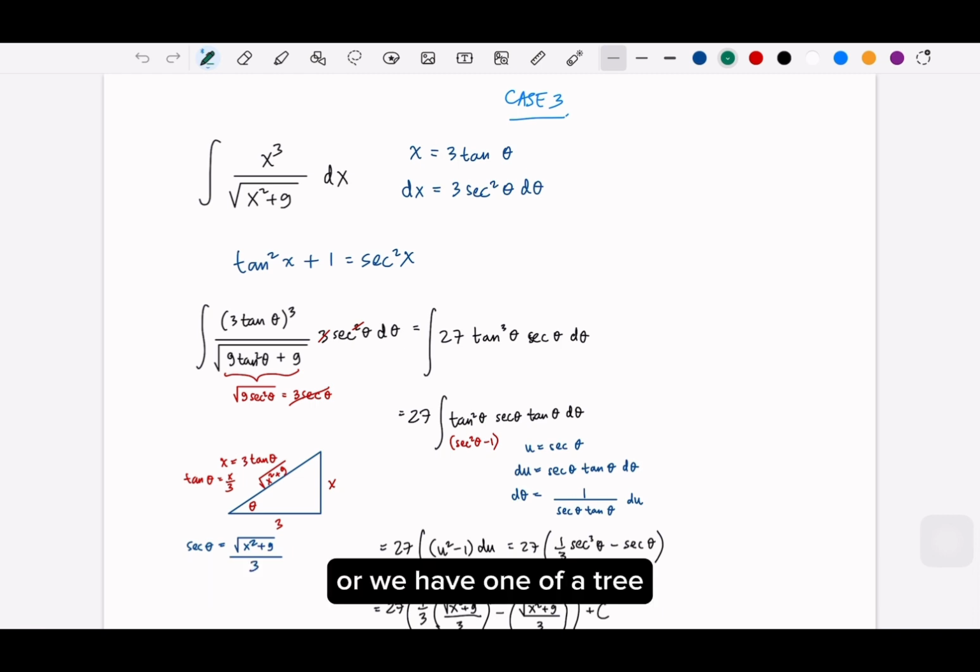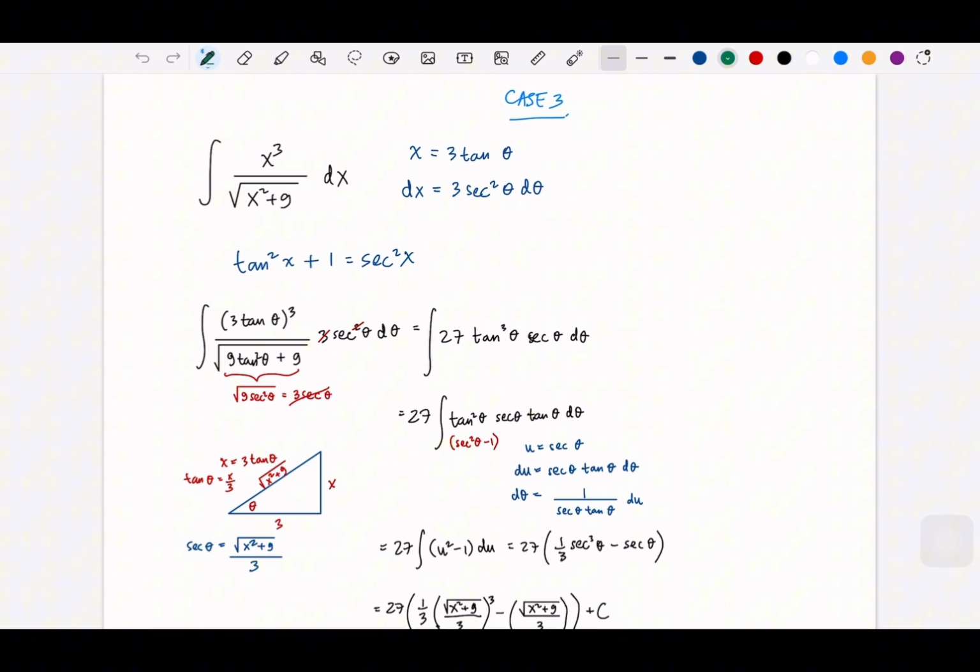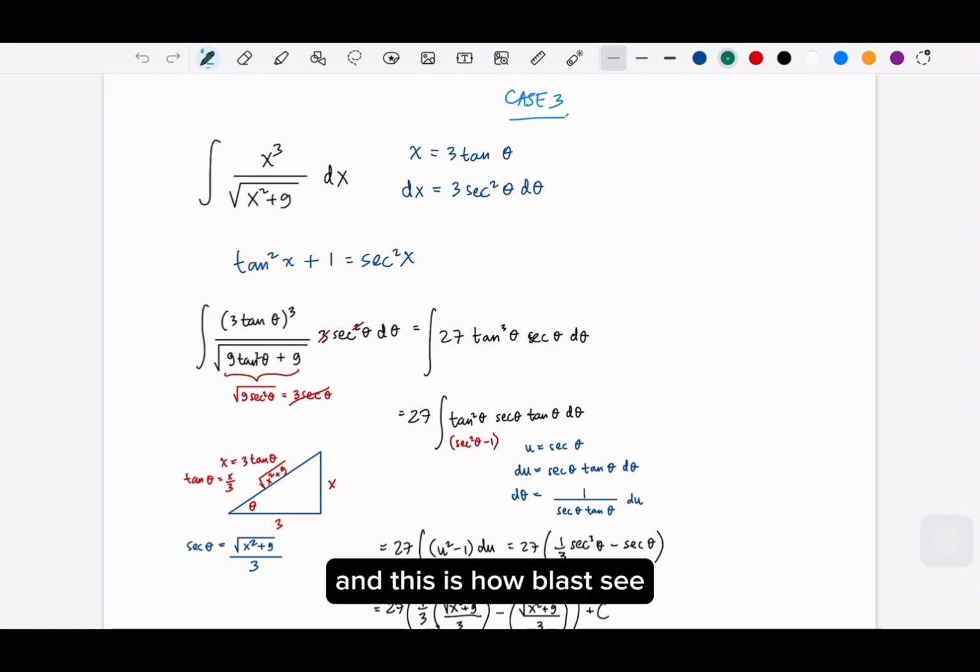Or we have 1 over 3, should be 9, and this is to the half, plus c.